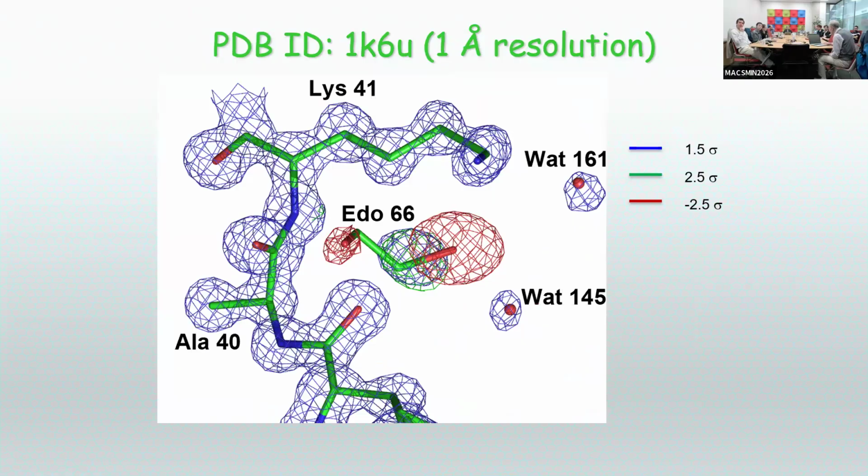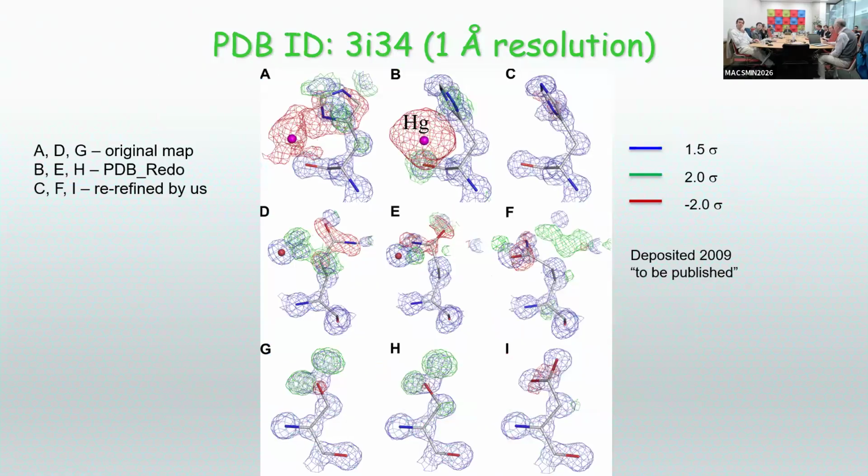Here you can see a structure at 1 angstrom resolution. On the left, you can see the original interpretation with the mercury atom in a fairly gorgeous red density, which means it ain't there. And then there is, of course, an automated method of correcting the structures.